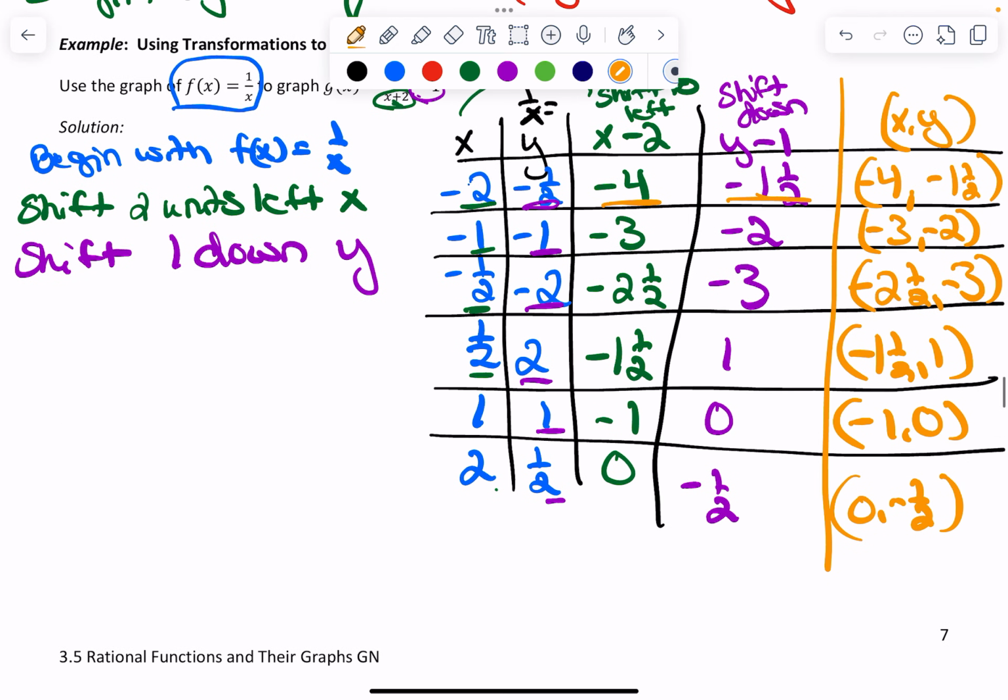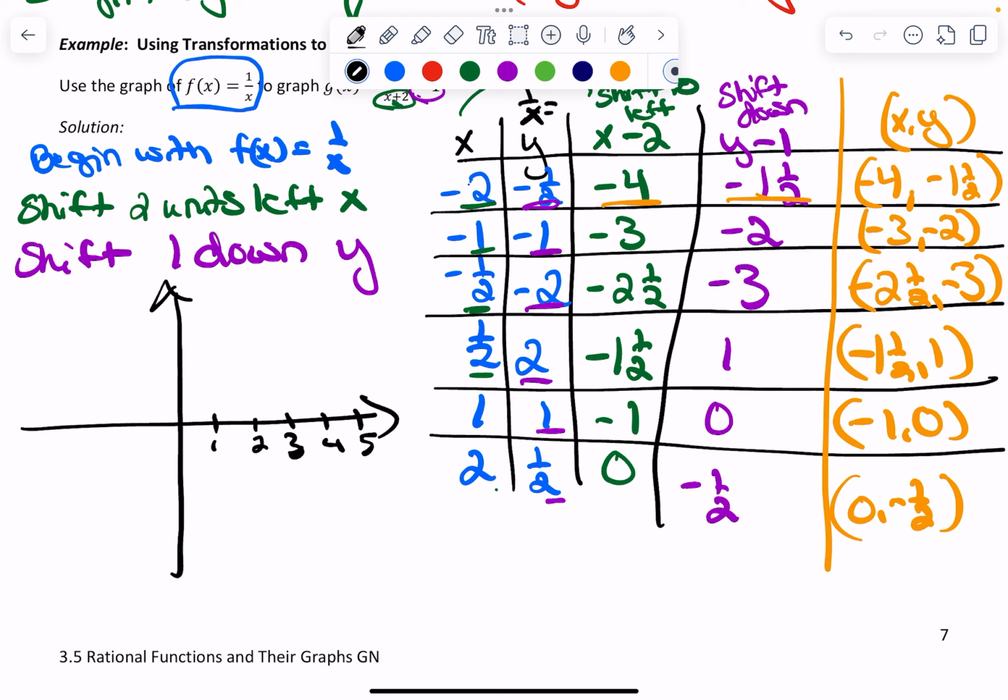I'm going to go ahead and start graphing here. There's not a ton of room, but we'll get there. So negative 4 and negative 1.5 is going to be right here.